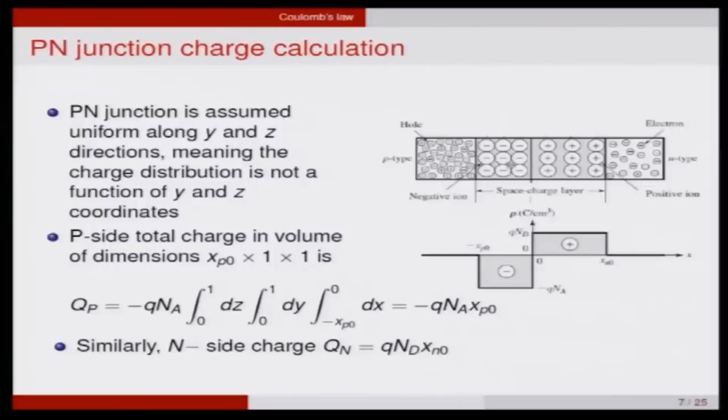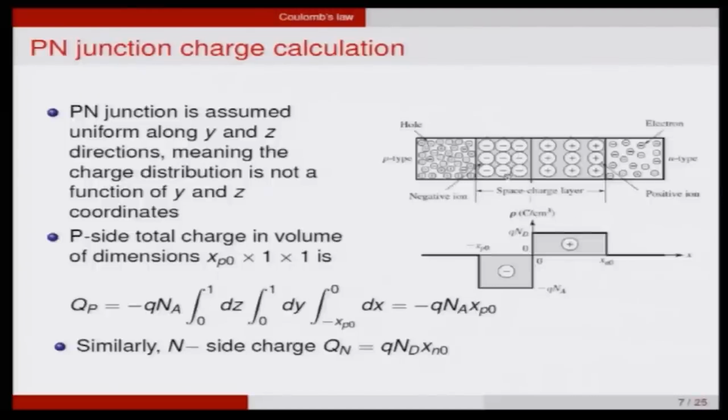Why this should be a plus sign and why a minus sign is something you must be familiar with from electronics courses, because charges move leaving behind immobile ions which are positively charged here, and charges diffuse onto the other side leaving behind immobile ions which are negatively charged here.